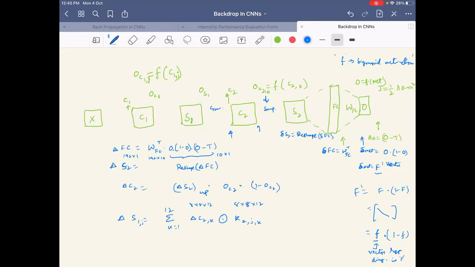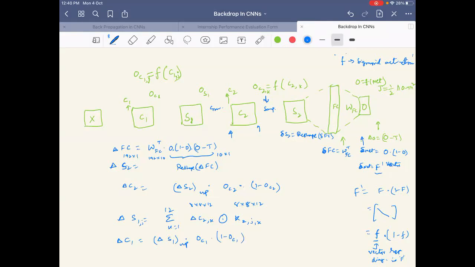Since only the convolution operation is happening and we already considered the activation function, here we need not do anything. And from here, if you want to get delta C1, it's nothing but delta S1, which you have already got, upsampled, into OC1 into 1 minus OC1. Why is this OC1 into 1 minus OC1 coming into the picture?